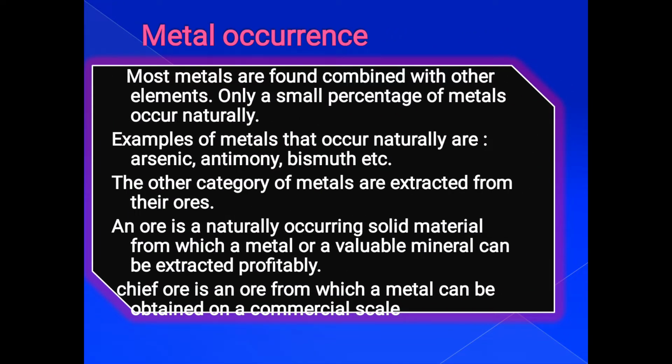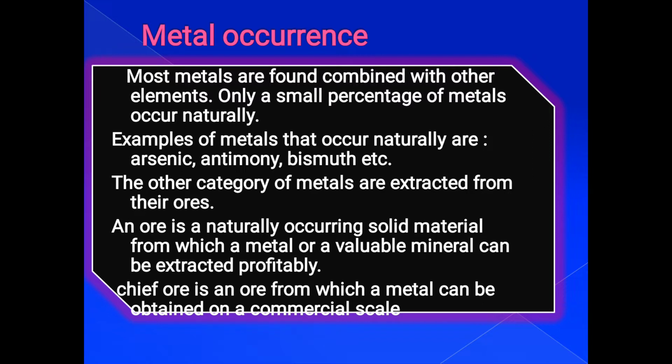Most metals are found combined with other elements, and only a small percentage of metals occur naturally. Examples of metals that occur naturally are arsenic, antimony, and bismuth, like you can see from here. Then another category of metals are extracted from their ores.